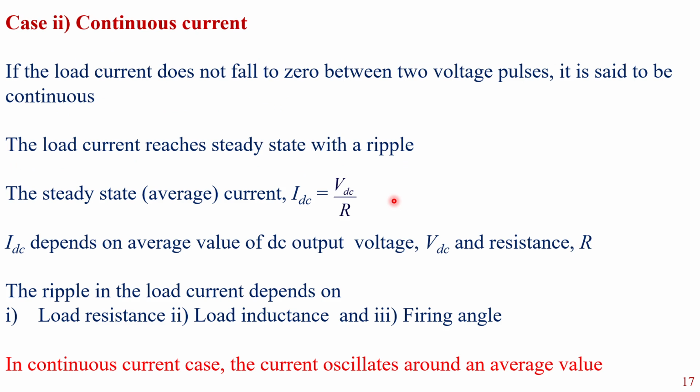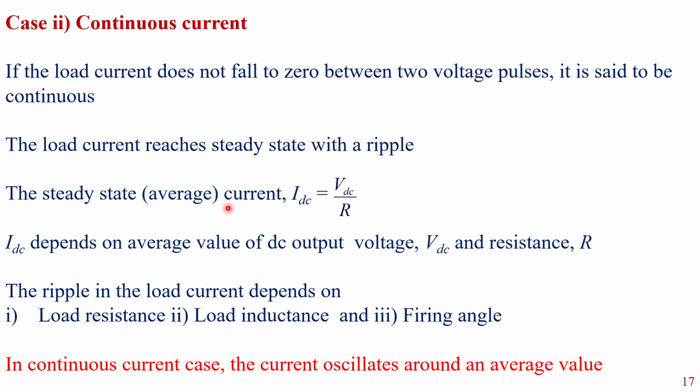If the load current does not fall to zero between two voltage pulses, the load current is said to be continuous. The load current reaches a steady state value with a ripple.